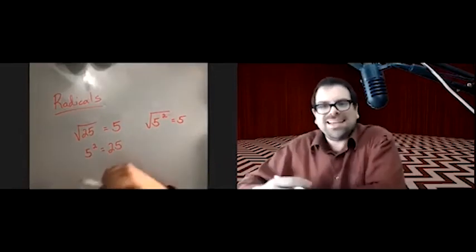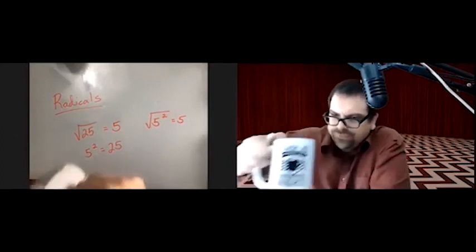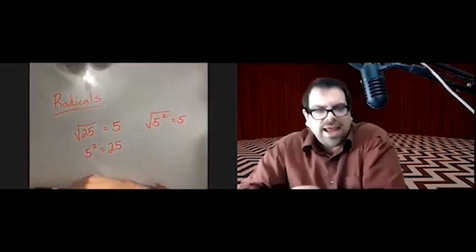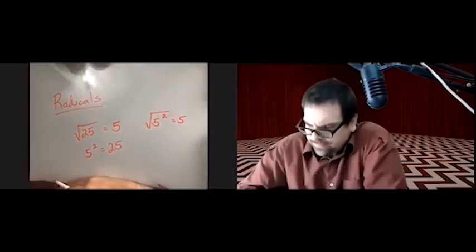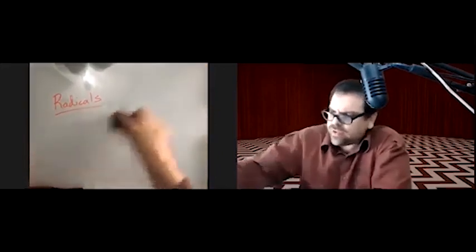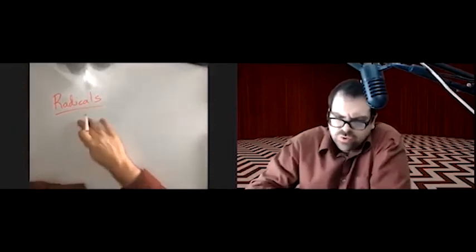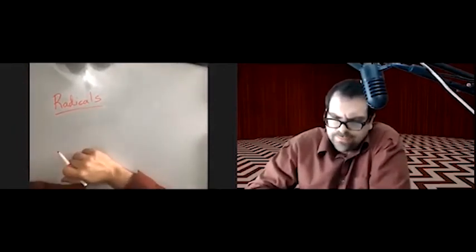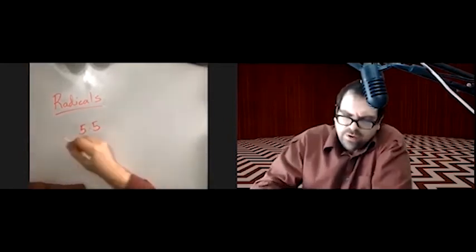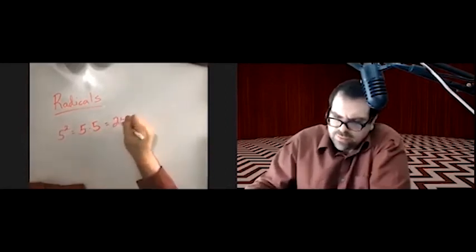We're going to start digging deeper into radicals, including what happens when negatives are involved. Negatives get tricky when talking about square roots because it is true that 5 times 5, or 5 squared, is 25.